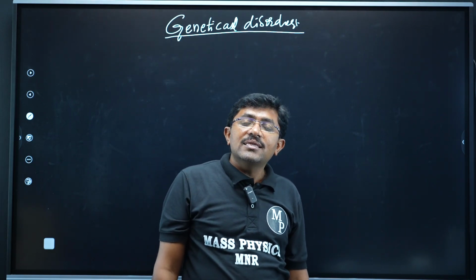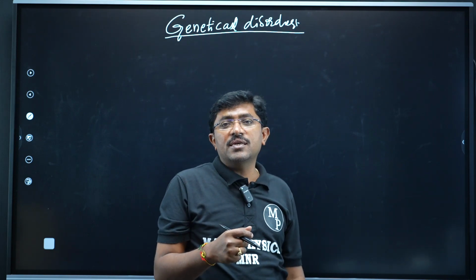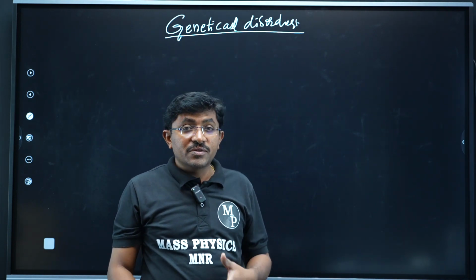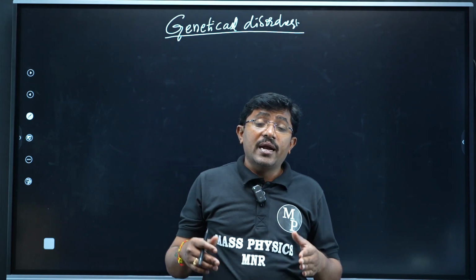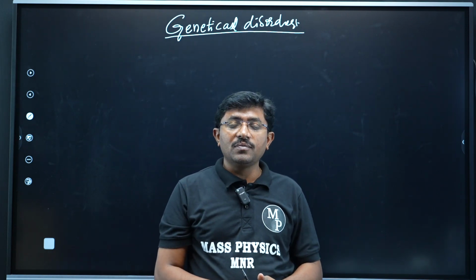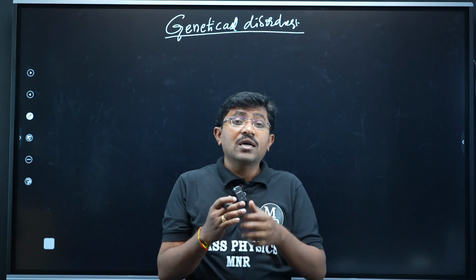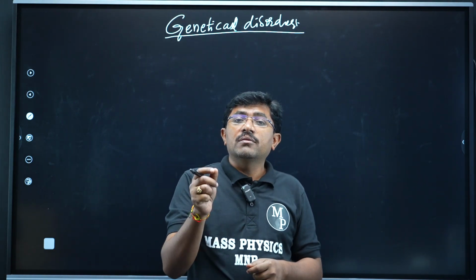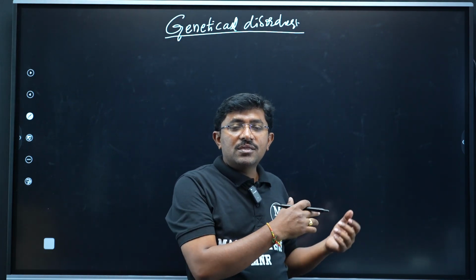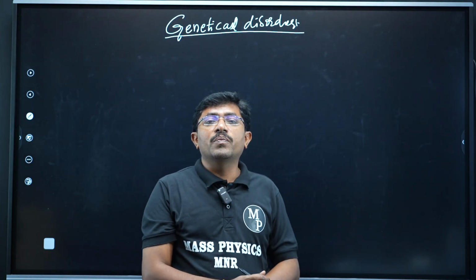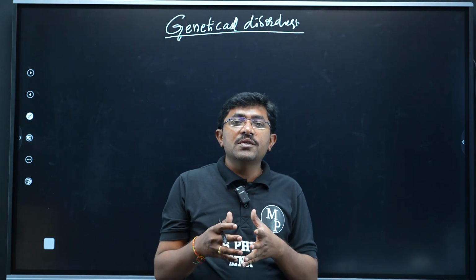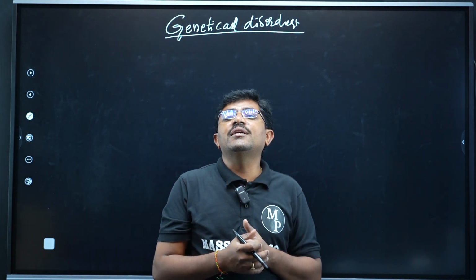Some diseases are communicable, some are non-communicable. Communicable disease means those caused by a pathogen. But some other non-communicable diseases are the genetical diseases, nothing but genetical disorders. These are examples of non-infectious disorders, appearing because of a genetic defect.